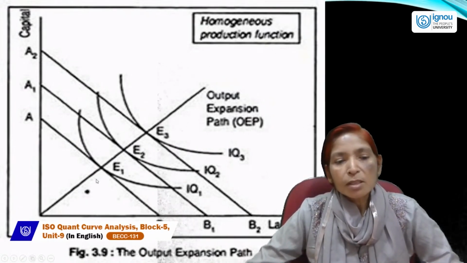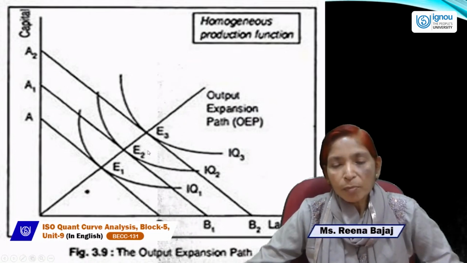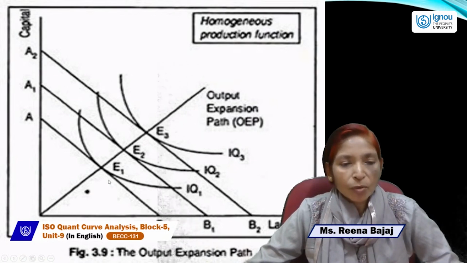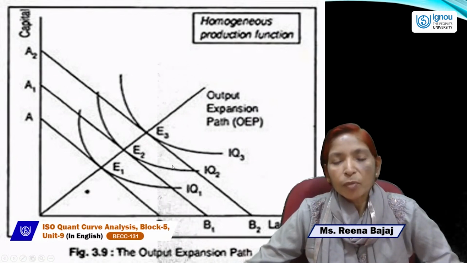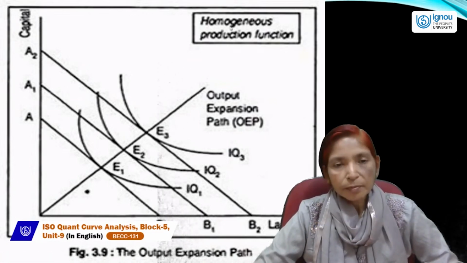If we join these three equilibrium points, then we will get the expansion path, which is the long run expansion path, and it shows the same amount of input and same amount of output. So this is known as the homogeneous production function.